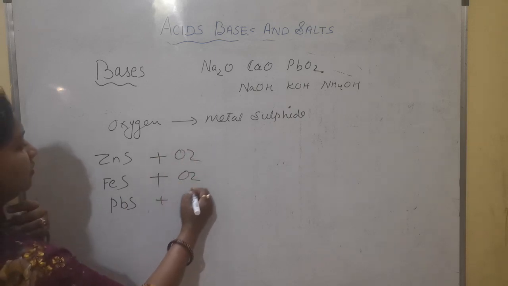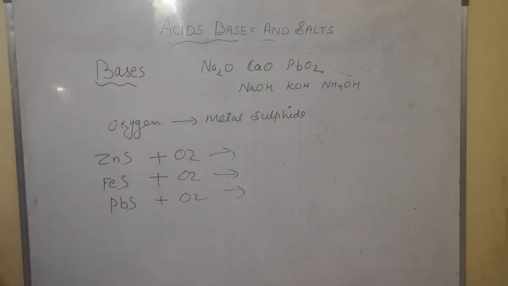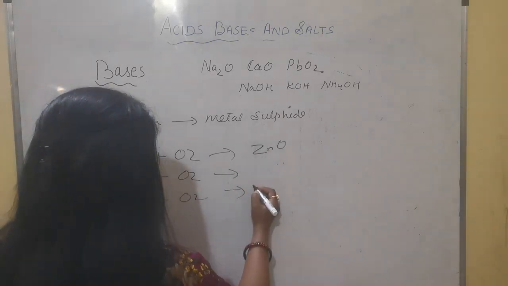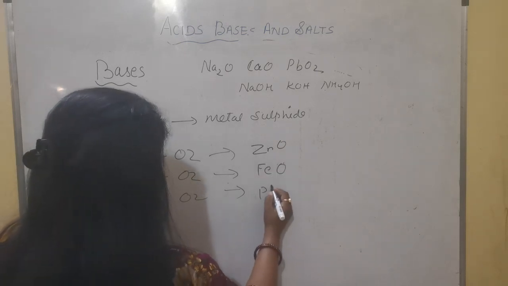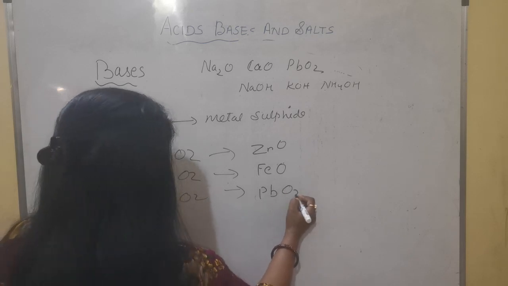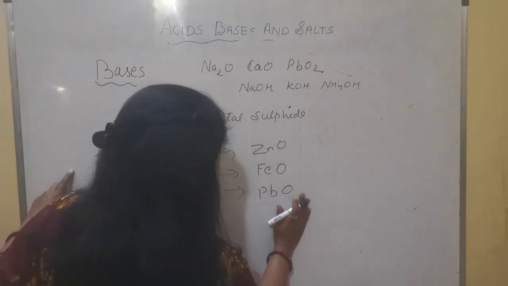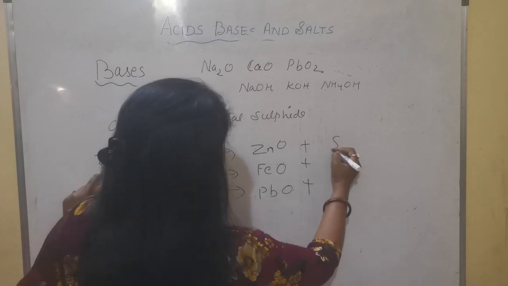With the action of oxygen, you will get metallic oxide: PbO, ZnO, FeO, plus sulfur dioxide gas.